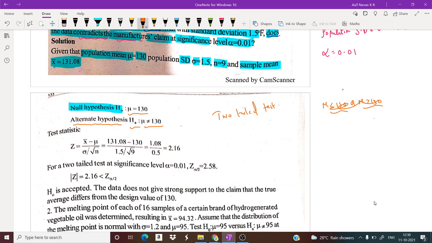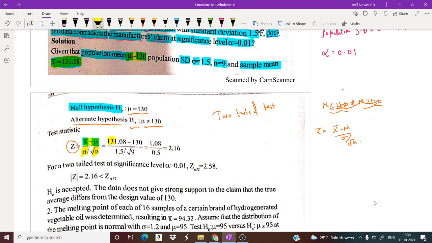So for the two-tailed test, we take Z equal to x bar minus mu divided by sigma by root n. Okay, so x bar is given, mu is given, sigma is given, and n is given.